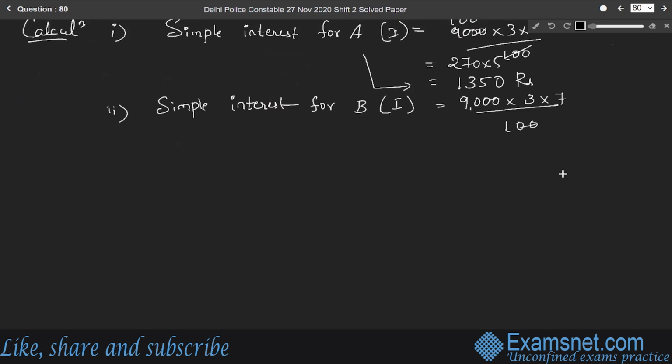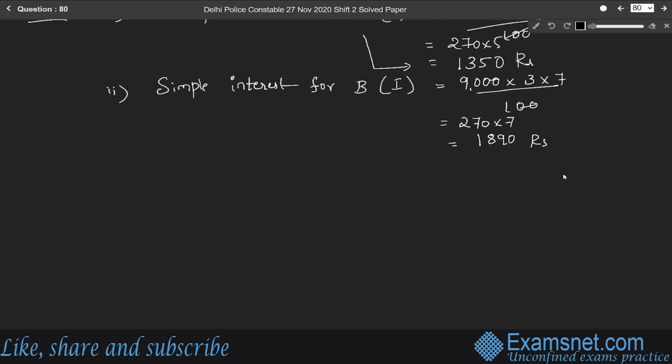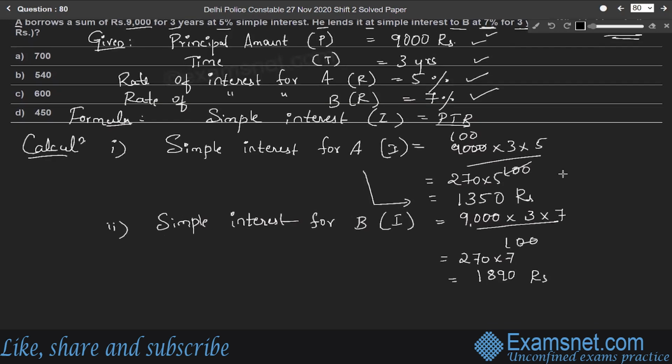So which gives 270 into 7, which is 1,890 rupees.